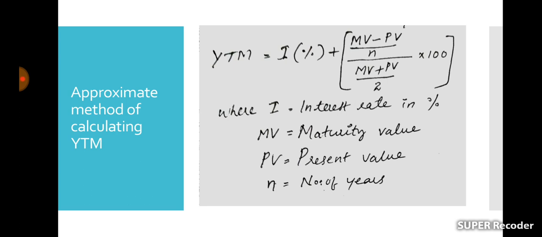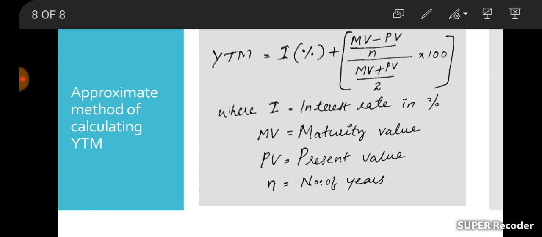YTM is equal to I percentage, where I means not the interest amount but the interest rate, plus (maturity value minus present value) divided by n, whole divided by (maturity value plus present value) divided by 2, into 100.